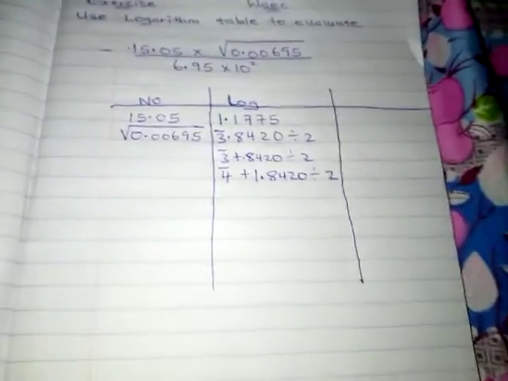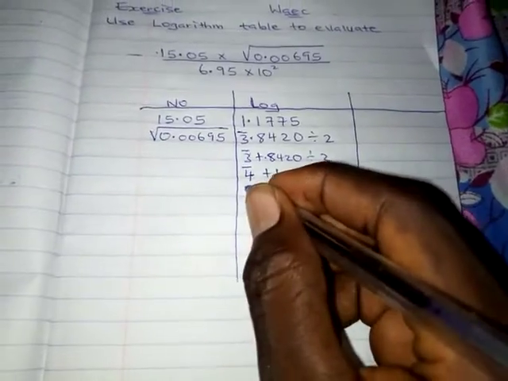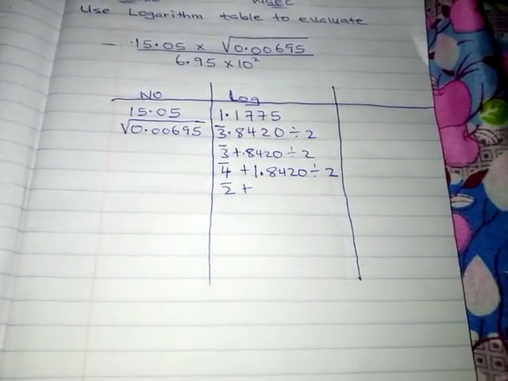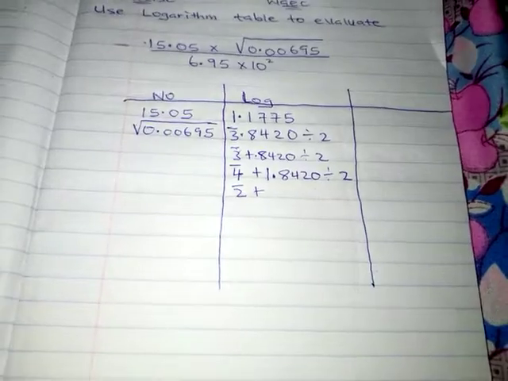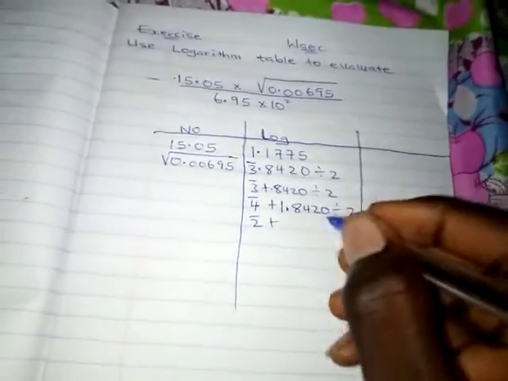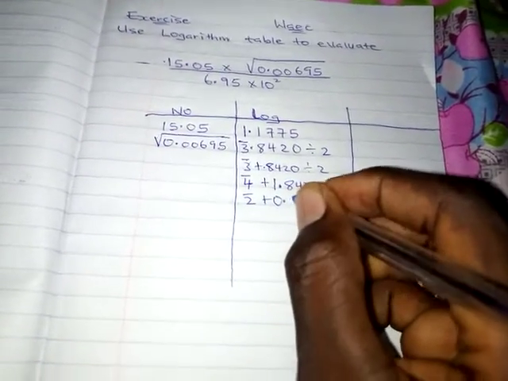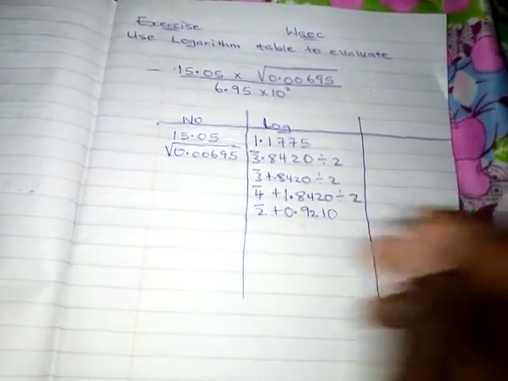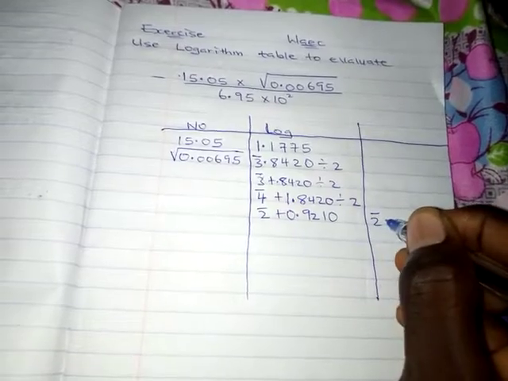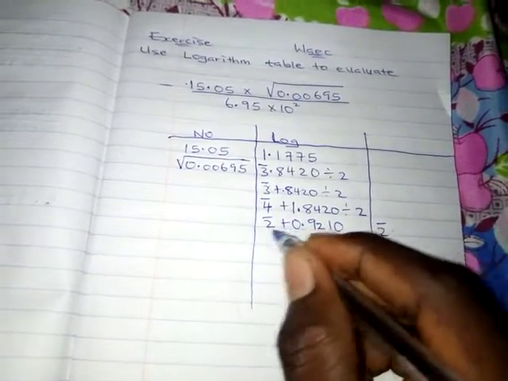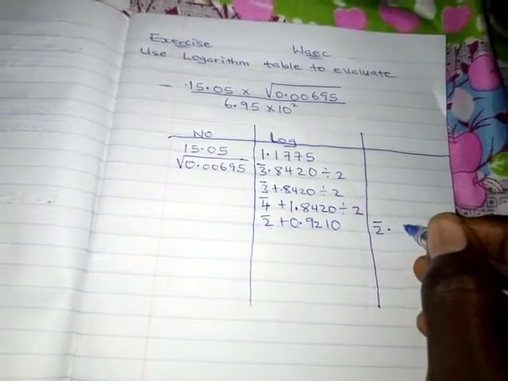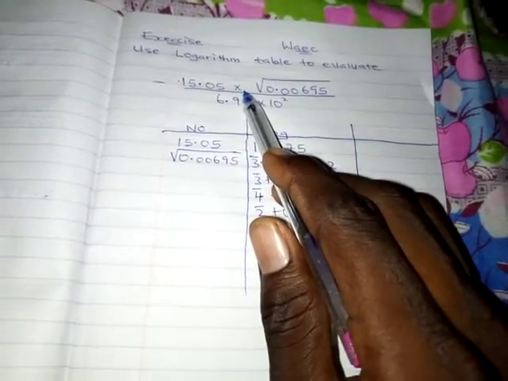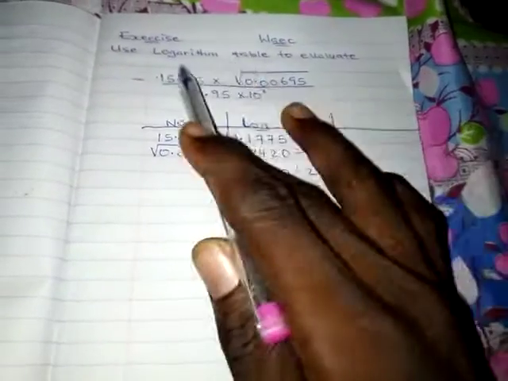So if we divide by 2, bar 4 divided by 2 gives us bar 2, plus, then if we divide 1.8420 by 2, it gives us 0.9210. So bring it to this other side, bar 2. So if we add this together, it gives us bar 2.9210. Then our multiplication here means we are going to be adding this number and this number.